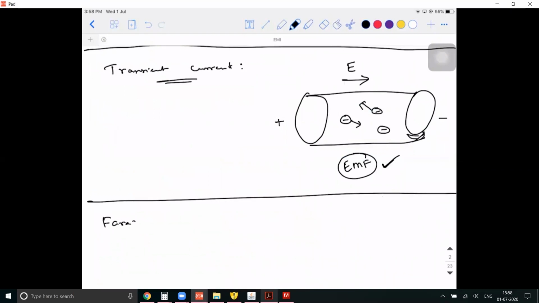Faraday's law of electromagnetic induction, in simple form we write it as EMI.